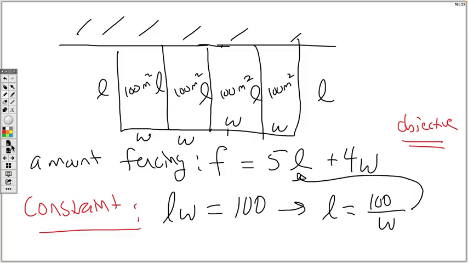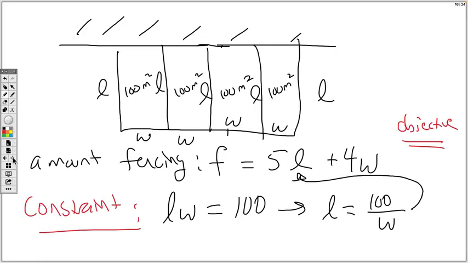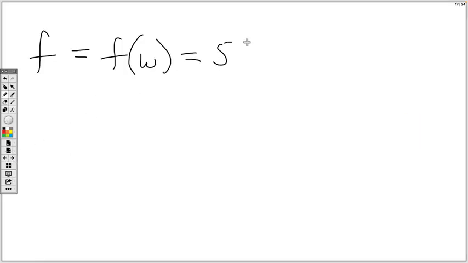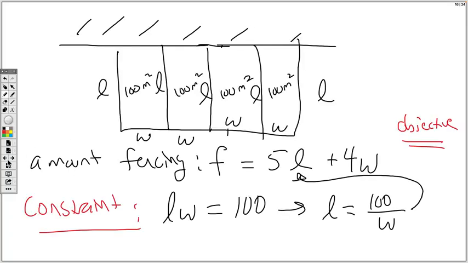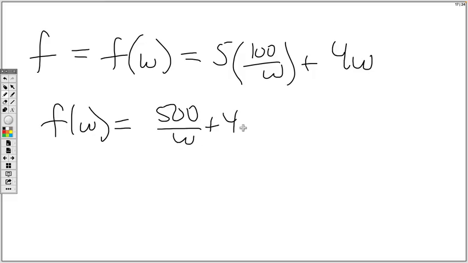And now I can get my fencing as a function of just the width. That's going to be 5 times 100 over W plus 4W. So I have 500 over W plus 4W. So that's our objective function.